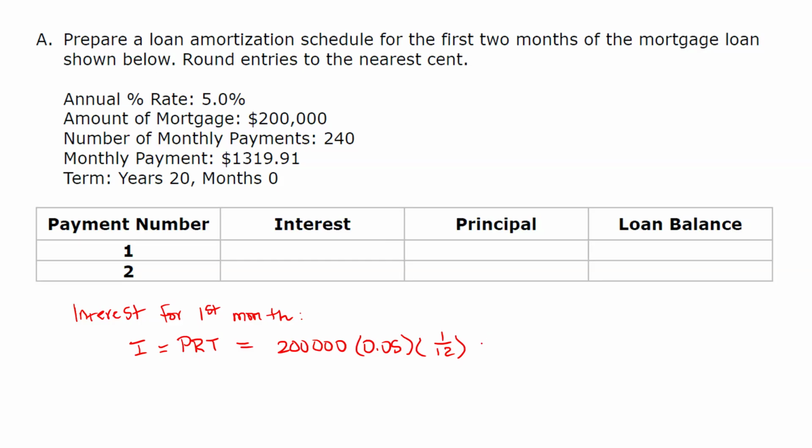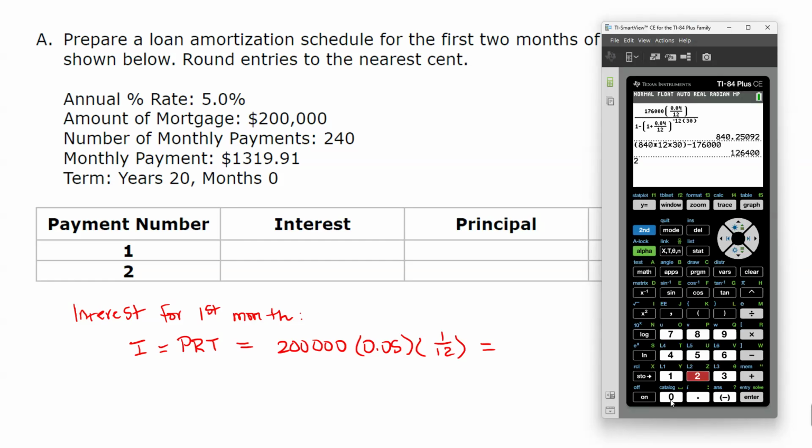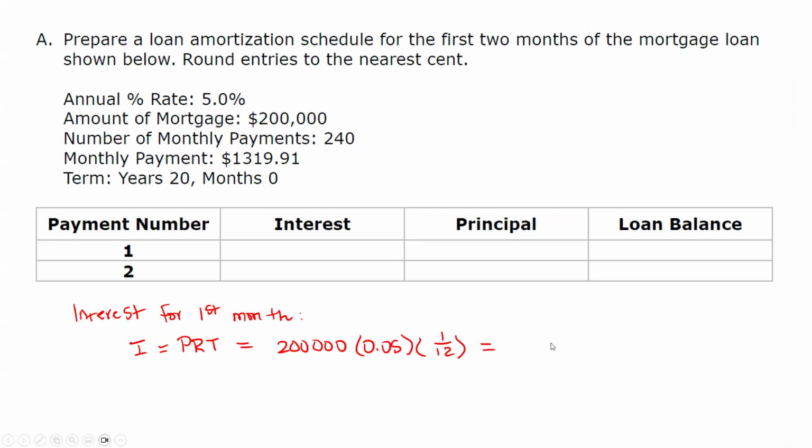So when we enter all of that into our calculator, we have 200,000 times 0.05 times 1/12. So we have $833.33. Okay, so that's what our interest is. So we can fill that in our table.